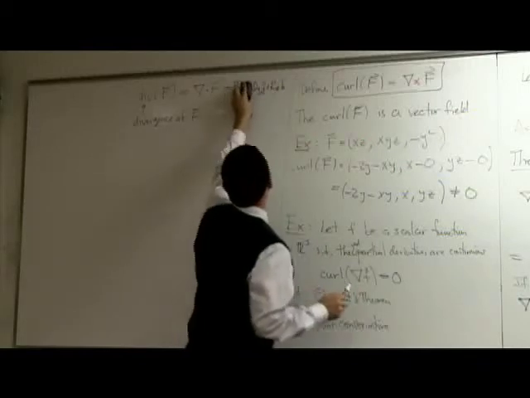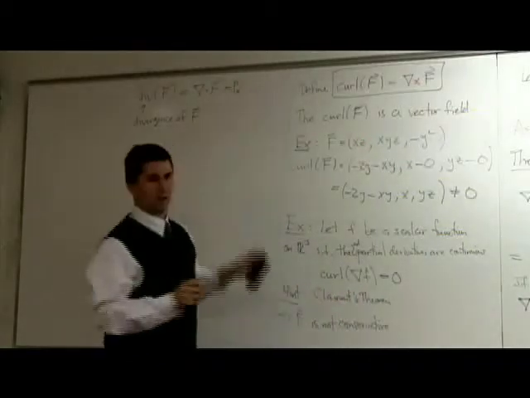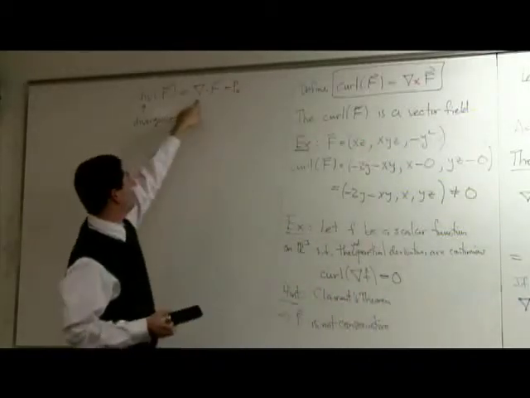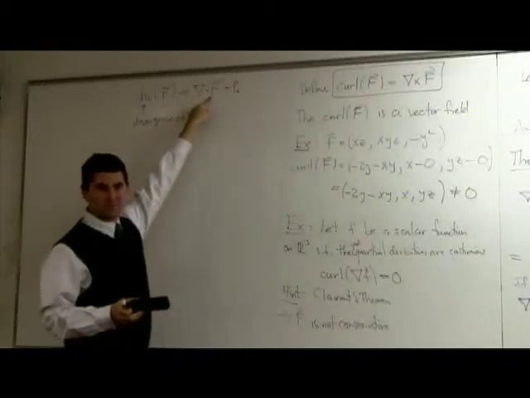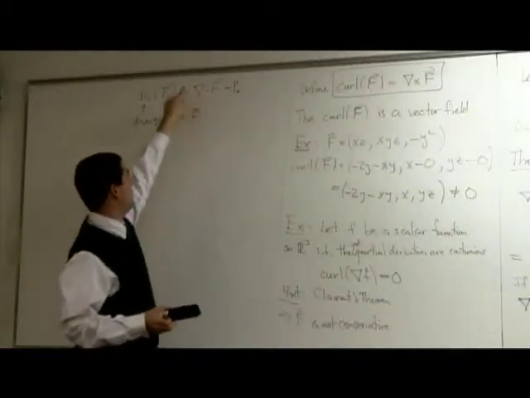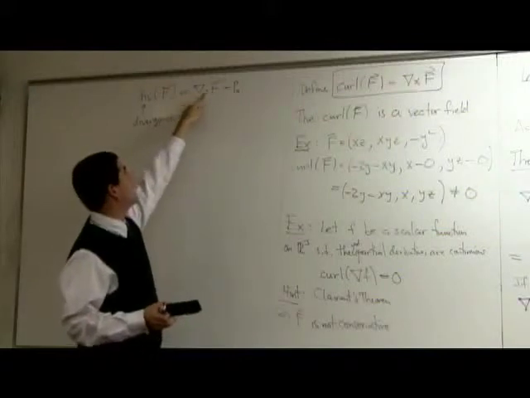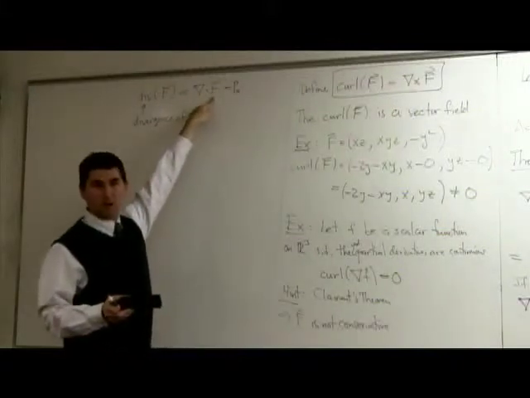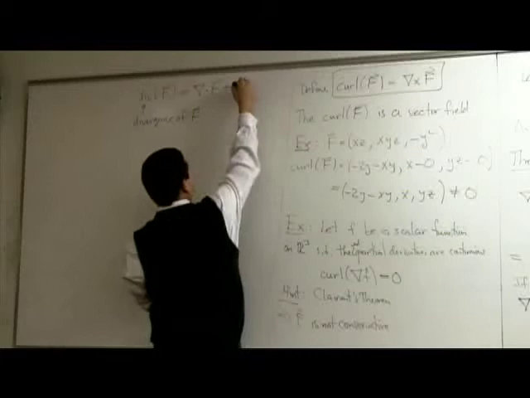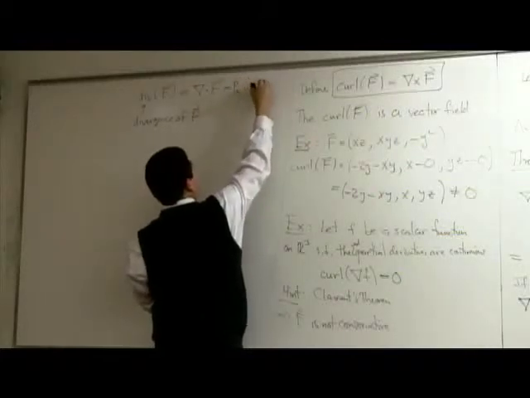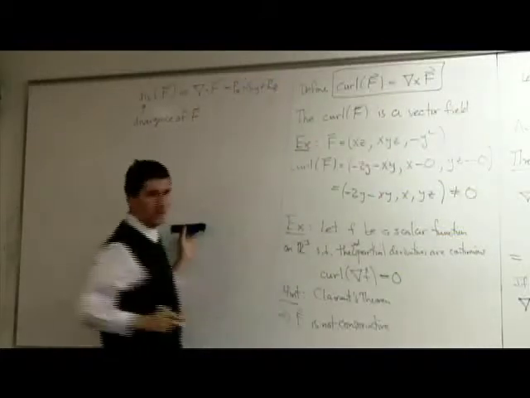There's no i's in here. I just added those arbitrarily. Let's do this again. You do the dot product of these things. That means you do partial x times p, which means partial x of p. So it's just p_x plus q_y plus r_z.